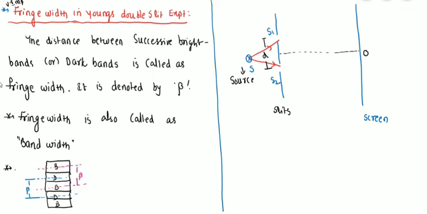Now the light starts from S1 and reaches some point P. Light also starts from S2 and reaches the same point.